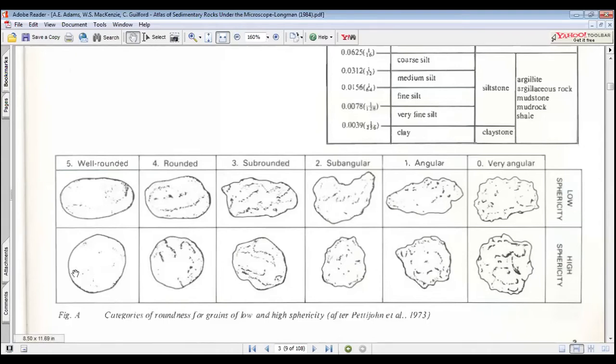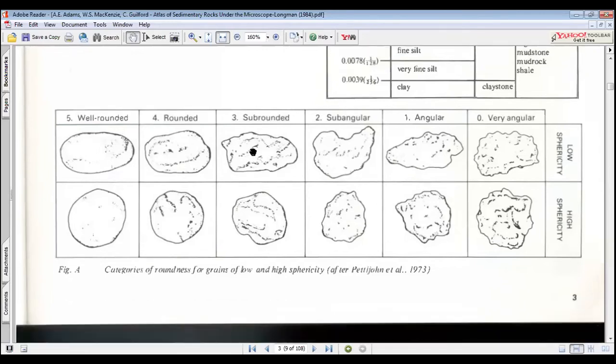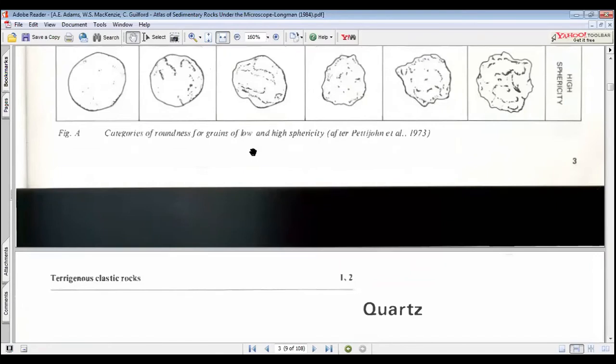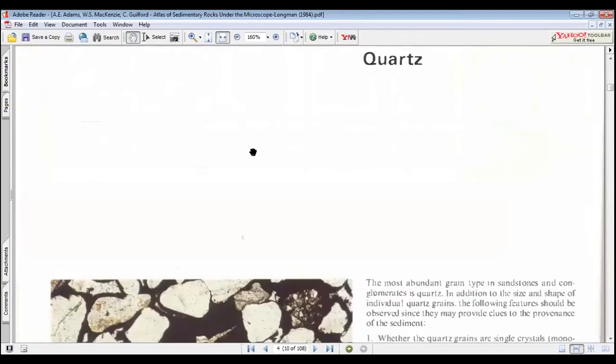It shows you that more transportation means the edges and corners of these sediments will be removed, and they will become more rounded, as maybe you have seen with some of these stones in a stream, which are rounded off. So these are some categories. You guys can go through them.